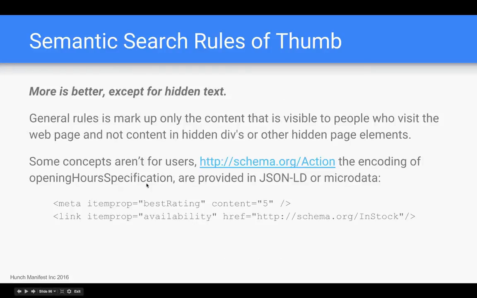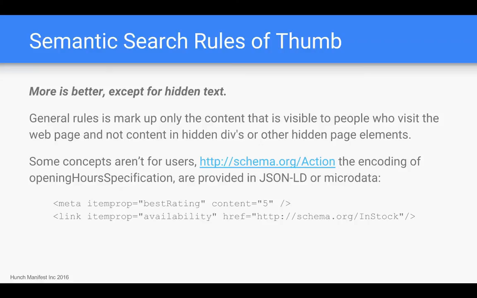More is better, except for hidden text. In general, the rule is to mark up only the content that is visible to the people who visit the web page, and not content in hidden divs or other hidden page elements. This is the policy of Google. Some concepts, however, aren't for users.